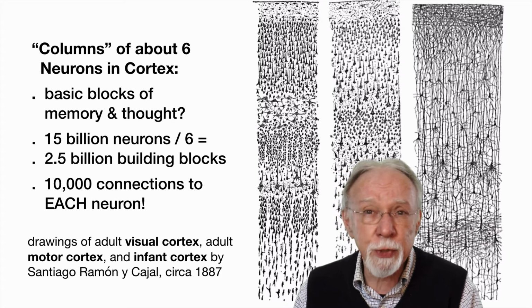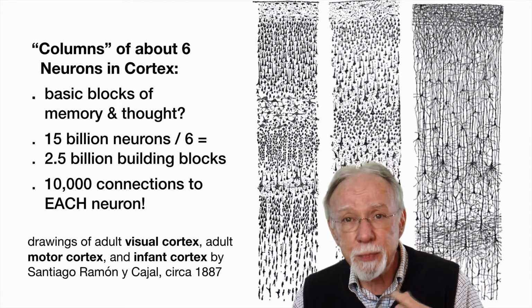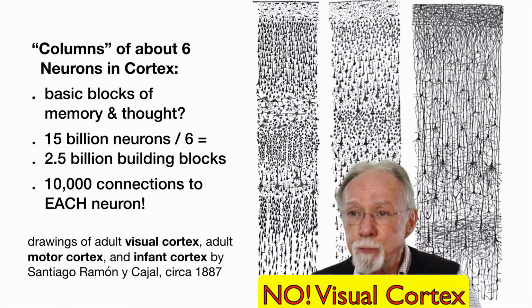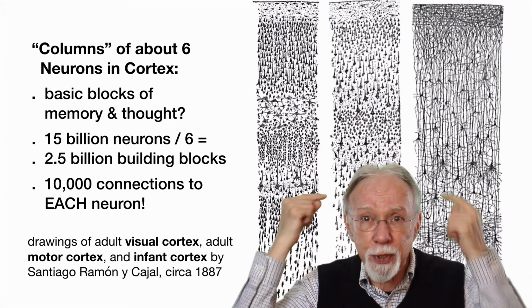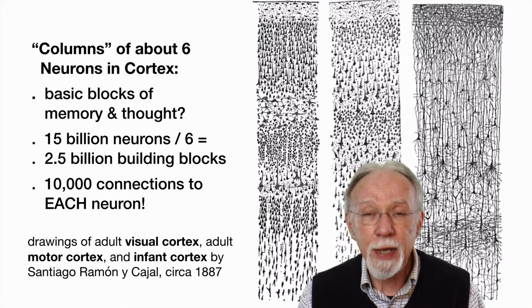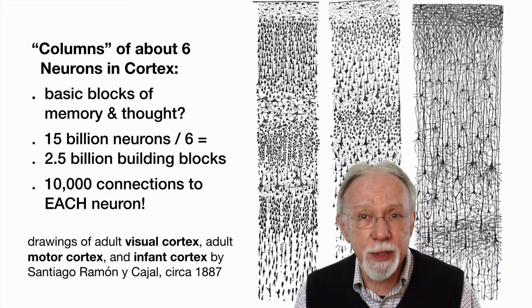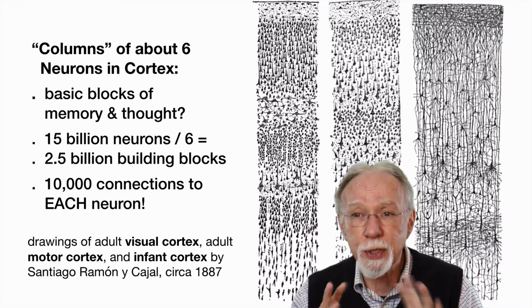So here are 3 of his images. The one on the left is an image of the cortex in the back of your brain. In the middle, the motor cortex across the top of your head, sort of from ear to ear. And the one on the right is of a child's cortex. You can see clearly it's made up of columns of neurons, all interconnected.